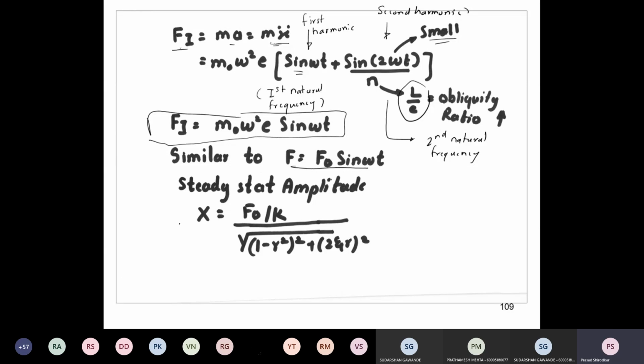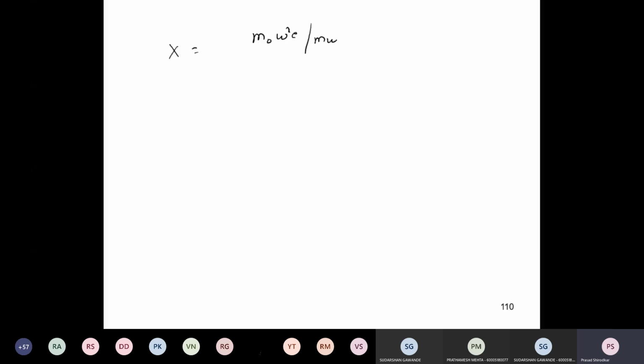So again you get the steady state amplitude equation as x equals f0 by k divided by the square root of (1 minus r square) whole square plus (2 zeta r) whole square. So your steady state amplitude x is m0 omega square e divided by k, that is m omega n square, divided by the square root of (1 minus r square) whole square plus (2 zeta r) whole square.